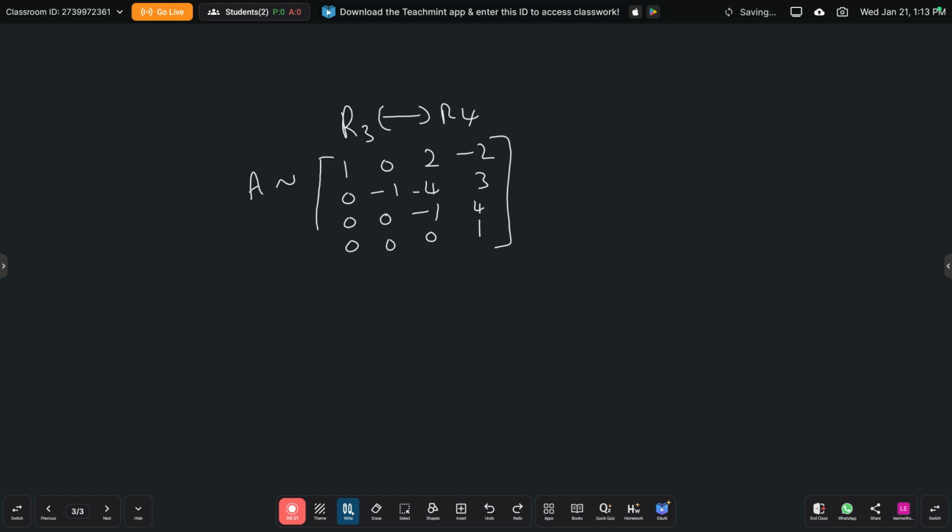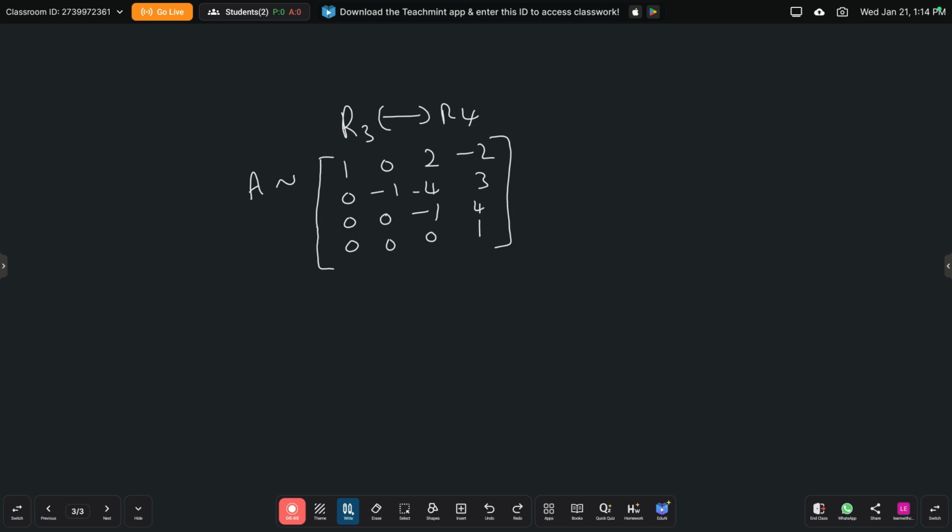Observe the system is now in echelon form. Zero rows, if at all, should occupy the last rows. Here no zero row is present, so the first condition is automatically satisfied.